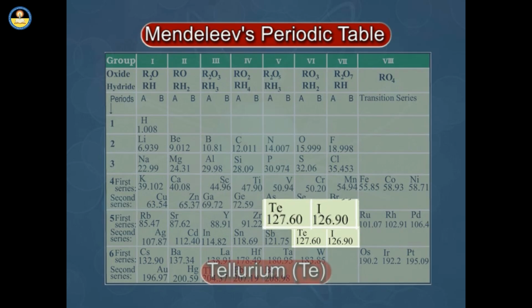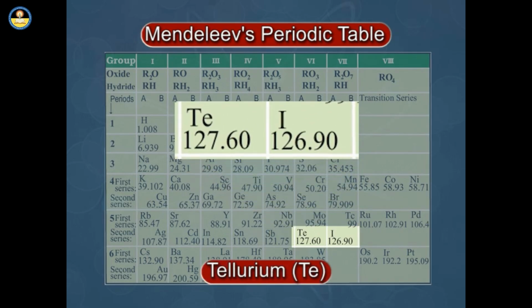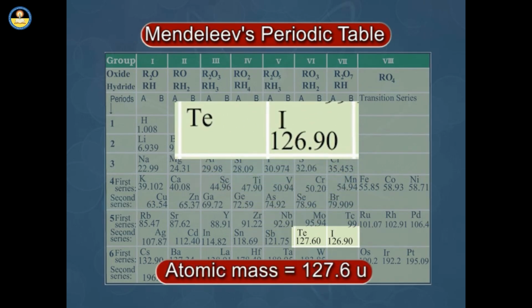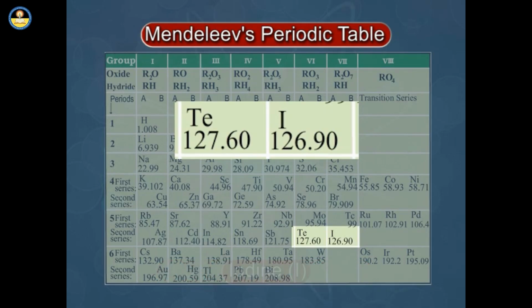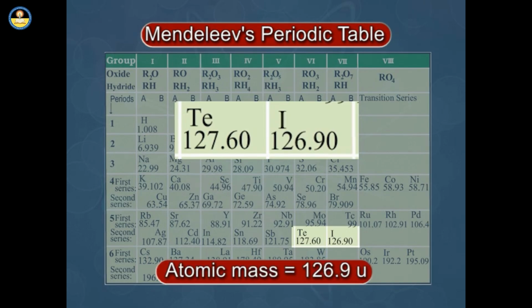Similarly, tellurium, that is Te, with higher atomic mass 127.6 unified mass, was placed before iodine, that is I, with lower atomic mass equal to 126.9 unified mass.